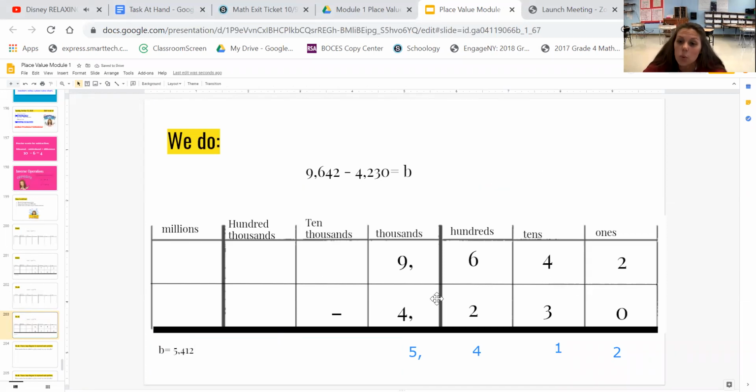Then, if you checked your work by adding, I think this is an easy way for me to remember. I go like reverse. So if I start here and then add it to this, it will equal this. Just a way for you to remember. And B would equal 5,412.